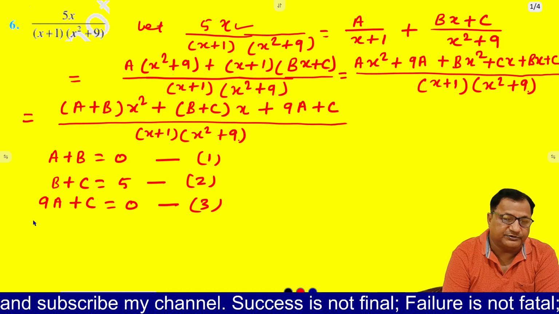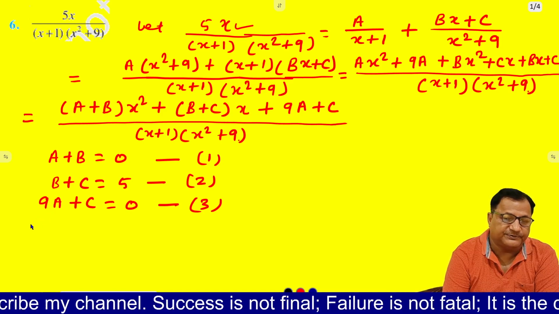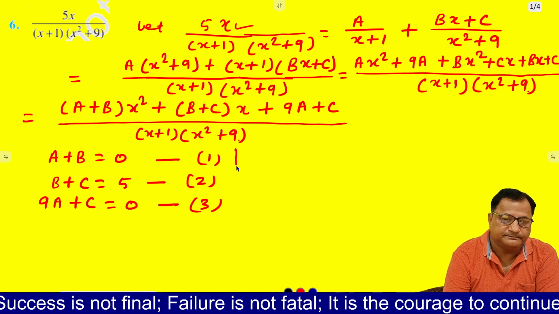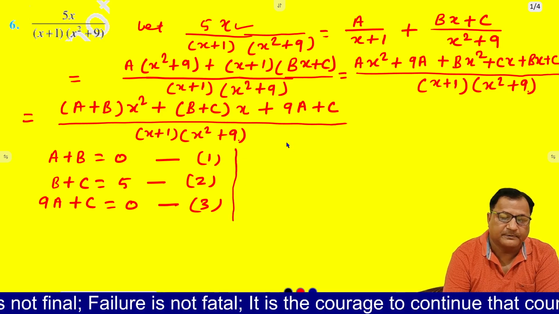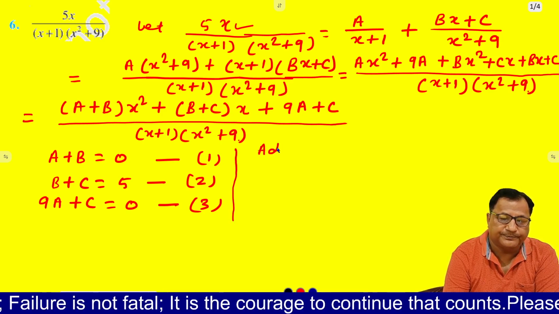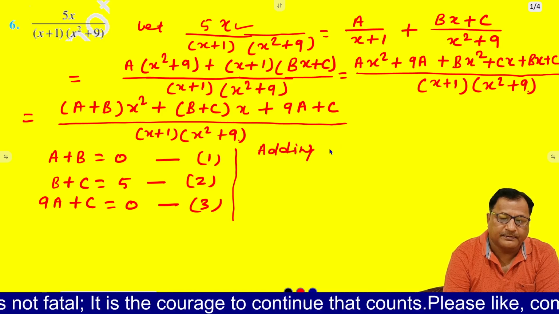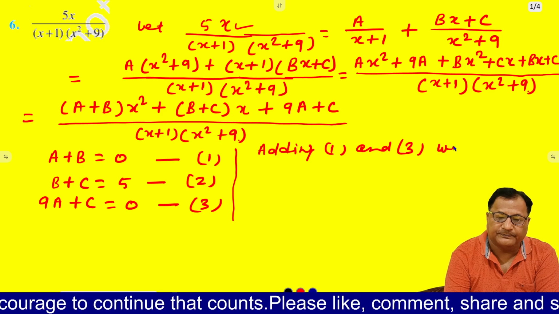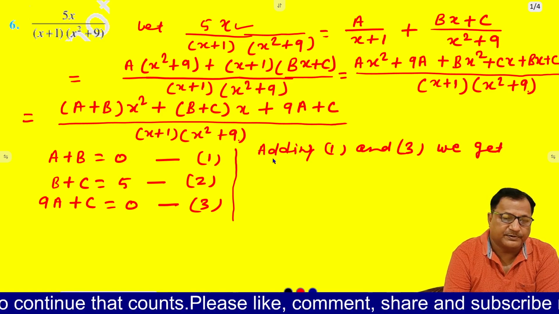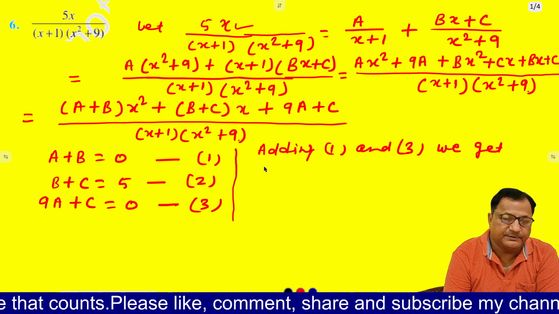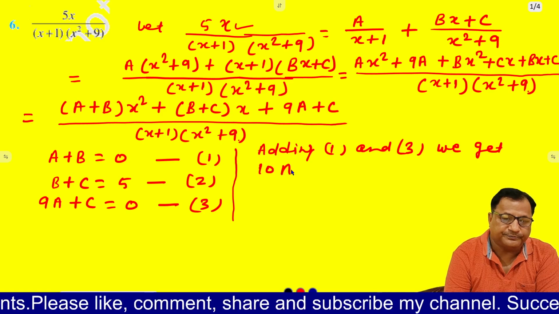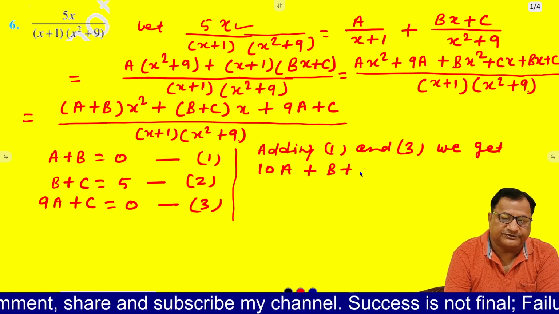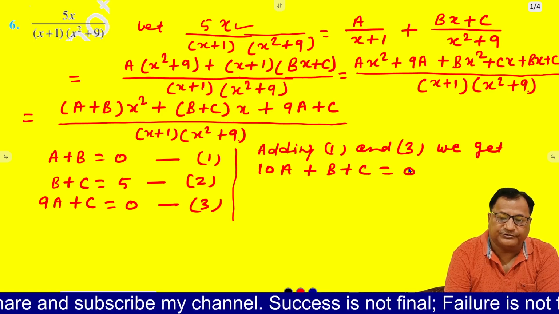Now we have to find the values of A, B and C. Adding 1 and 3, we get 10A plus B plus C equal to 0.